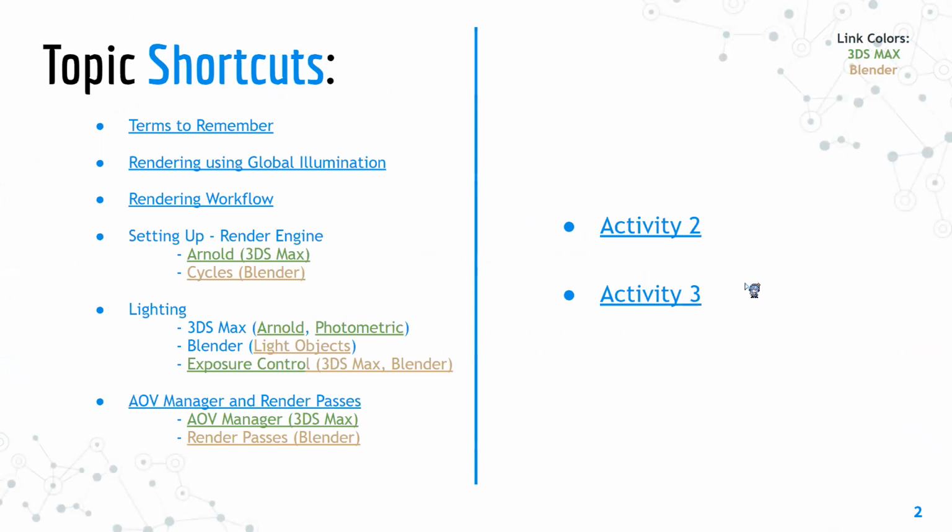Now ito, yung usual natin, topic shortcuts. We have yung terms to remember, and then the rest of the topics already. And as you can see, dalawa yung activities natin, but don't worry guys, discuss na natin yan mamaya. Mamaya ko na sabihin kung what's it about. Wait, double check ko lang if it's all visible na sa Big Sky.